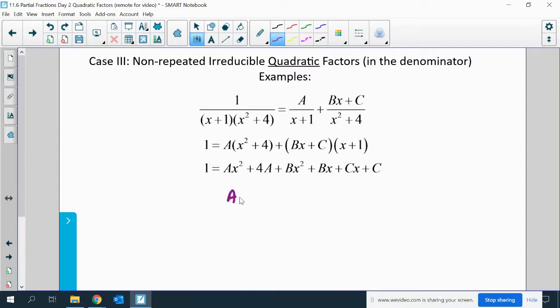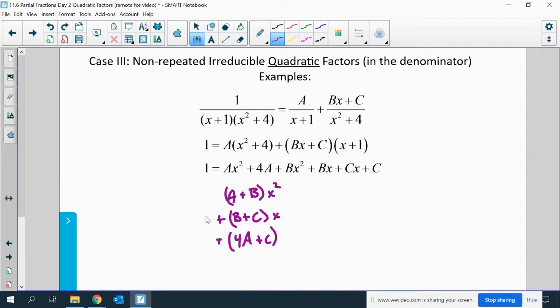And so what you can see is if I group all of the x squared terms, I have a plus b. If I group all of the x terms, I have b plus c. And if I have all of the constant terms, I have 4a plus c as my constant terms.